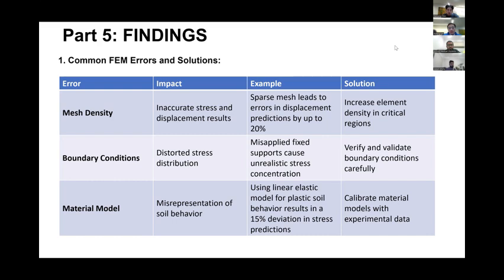The third error is the material models, which maybe cannot represent our soil behaviors. For example, using a linear elastic model for plastic soil behaviors results in 15% deviation in stress prediction. The solution is to calibrate the material models with experimental data.